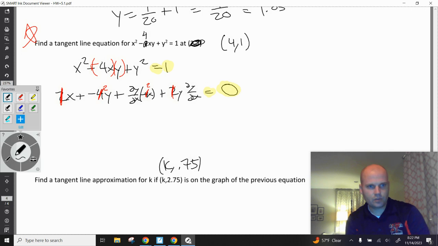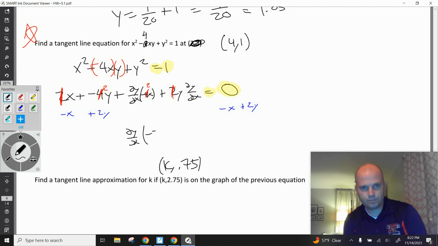I'm going to subtract the x, add the 2y to both sides. Going to factor out the dy dx from the remaining terms. I will divide to solve.